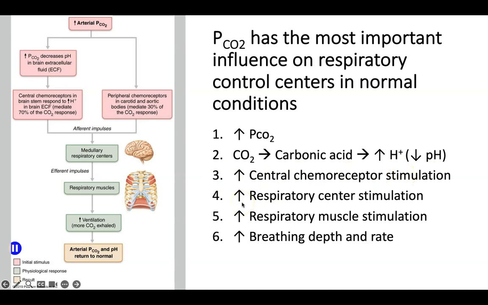Those central chemoreceptors will then stimulate the respiratory center. And the respiratory center, as mentioned in the previous slide, is going to stimulate those inspiratory muscles. And this will increase breathing depth and breathing rate. So you'll breathe more. So increased CO2 leads to increased breathing. And that's shown here. Here's increased CO2, and at the bottom, we have increased ventilation.